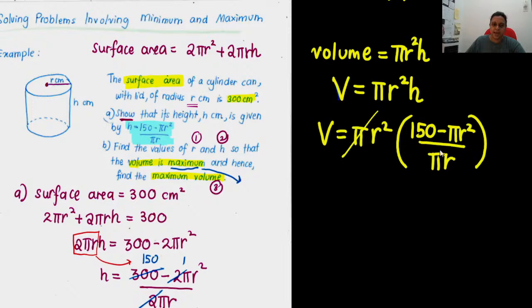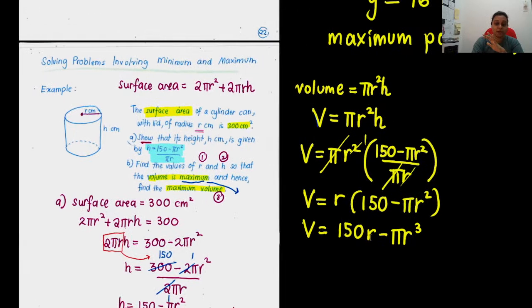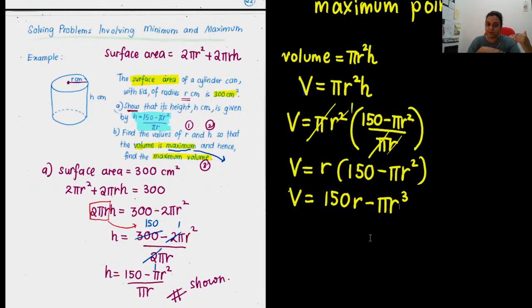I think pi we can cut, r also here power 1. So your volume now looks something like this, 150 minus pi r square. Then I'm going to times the r in, so 150 r minus pi r cube. Can you see now you won't be confused anymore.